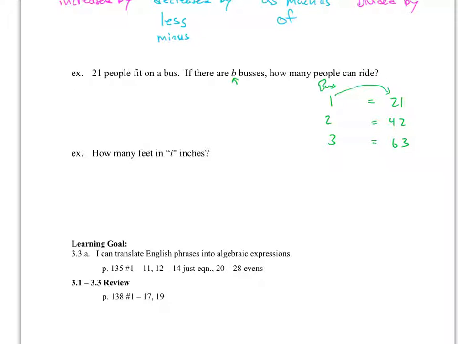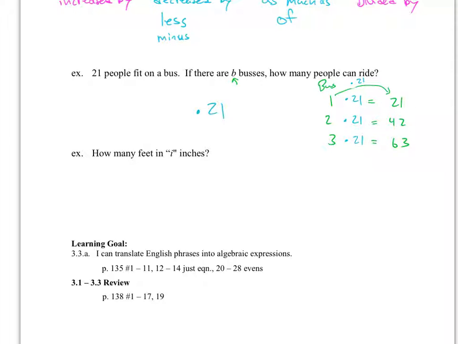The other way we could go is we could multiply by 21. If I do times 21 here, I get 42. Times 21 here, 63. So I'm going to have times 21.